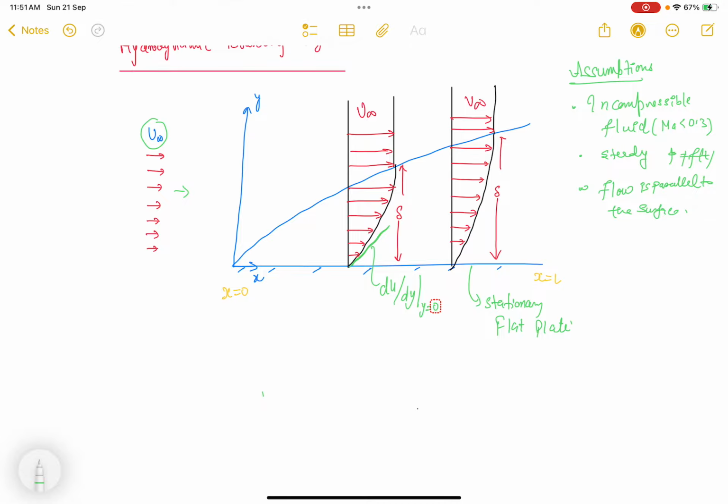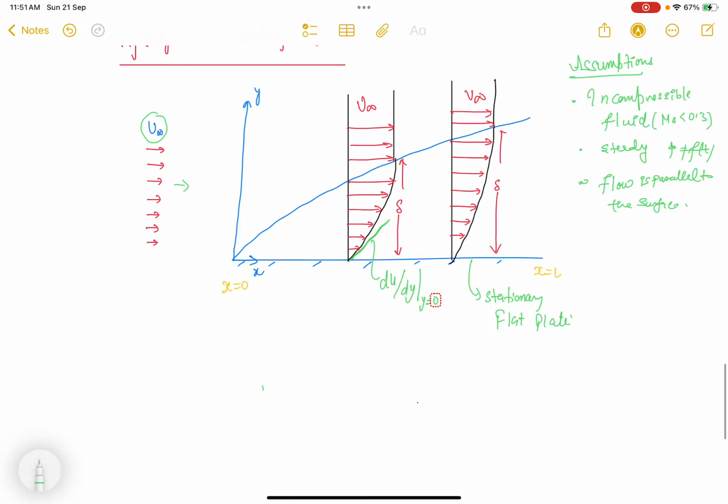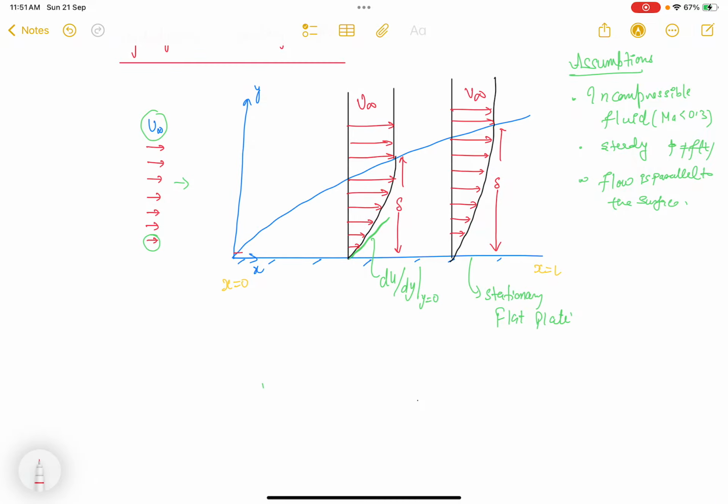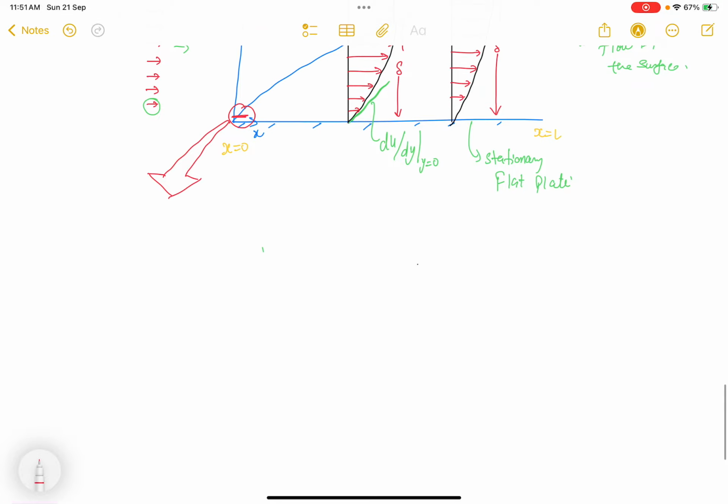Right? So when the first fluid layer, which is this, comes in contact with the wall, if we just zoom in, it will adhere to the wall.